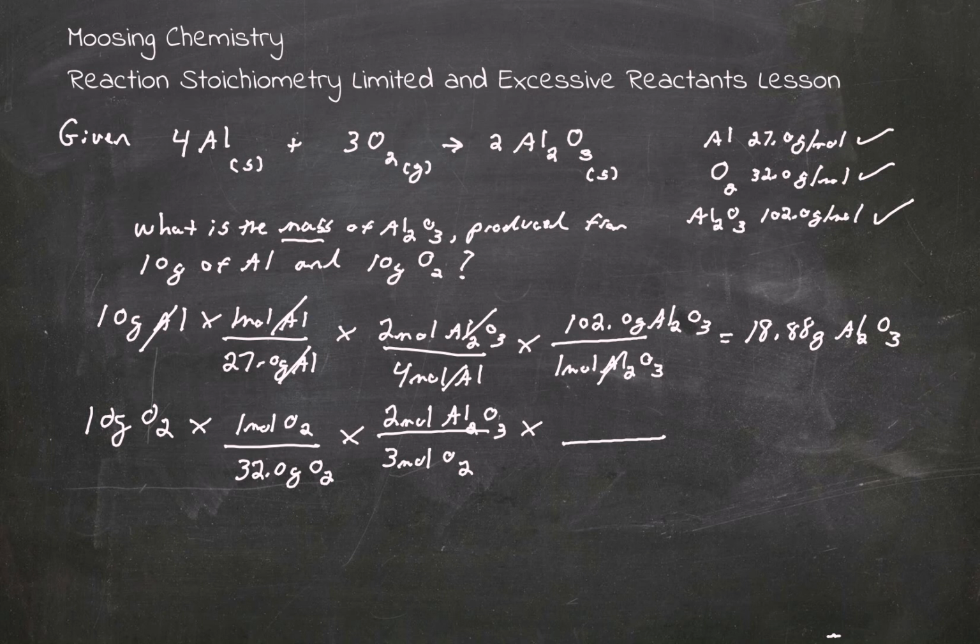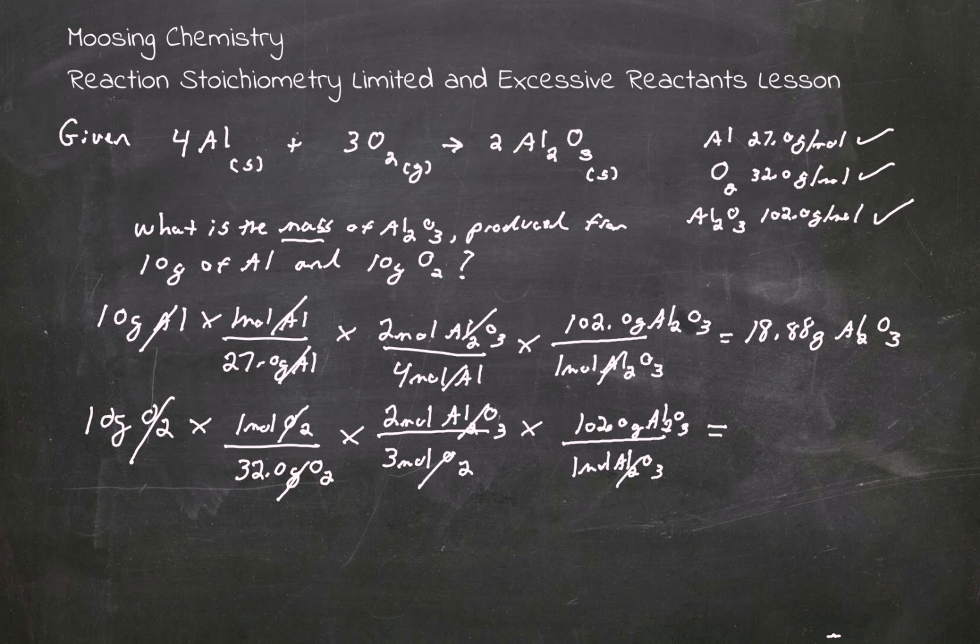So we're going to take the moles of aluminum oxide over 102.0 grams of Al2O3. So again, we go through and cancel everything that's in common.